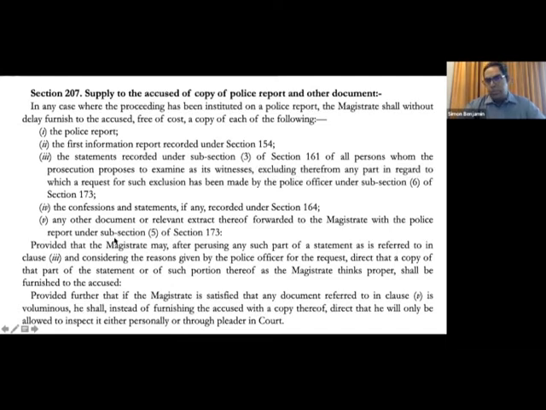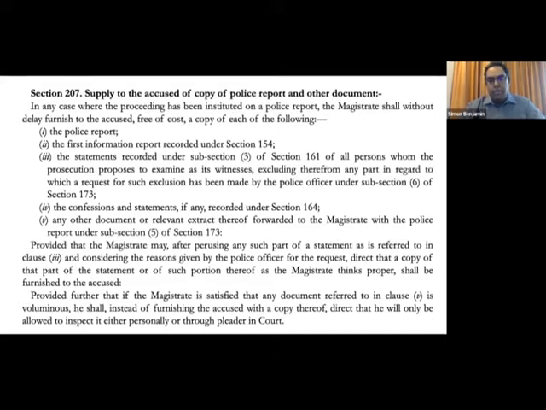Another important provision you would be familiar with is Section 207. This is in relation to those cases which start from the FIR process, what Professor Sandeep Suresh spoke about. It deals with providing the accused with all of the material that the investigating agency has collected, the entire process explained so well by Professor Suresh, of how the police collect that material by search and seizure or using Section 91.